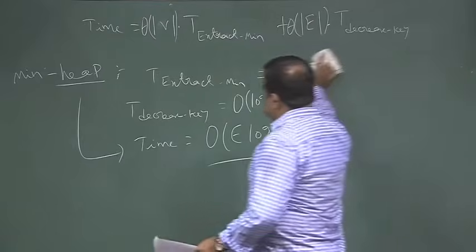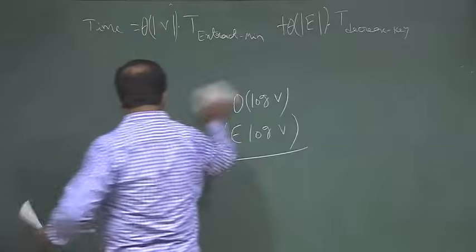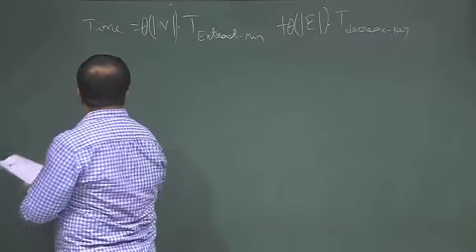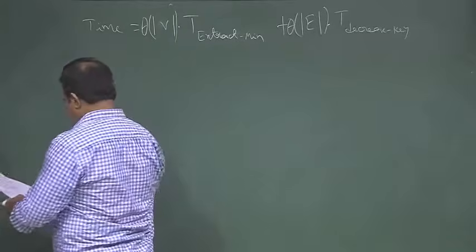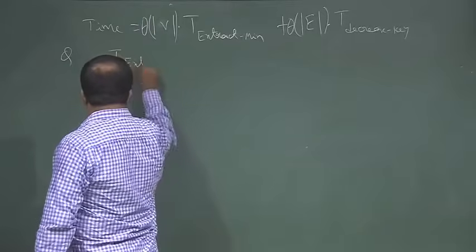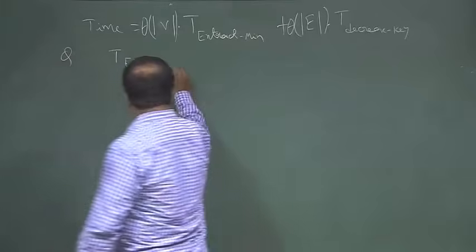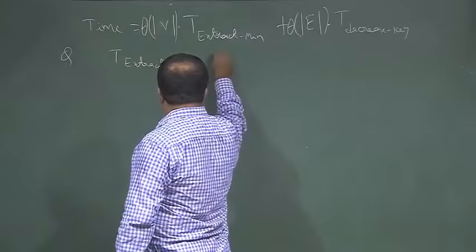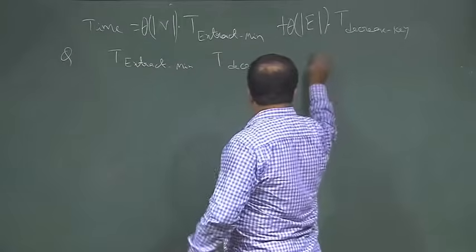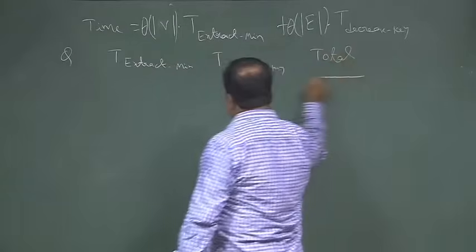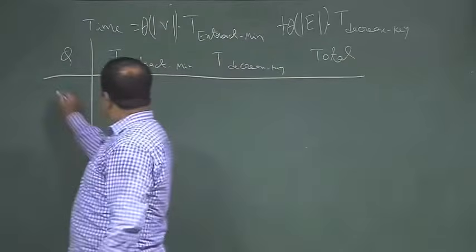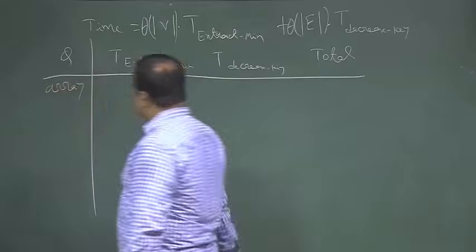Now, there is another data structure which is called Fibonacci heap. Let us write this in a table for the priority queue: T extract minimum, T decrease key, and the total time. Suppose we are using an array for this priority queue.